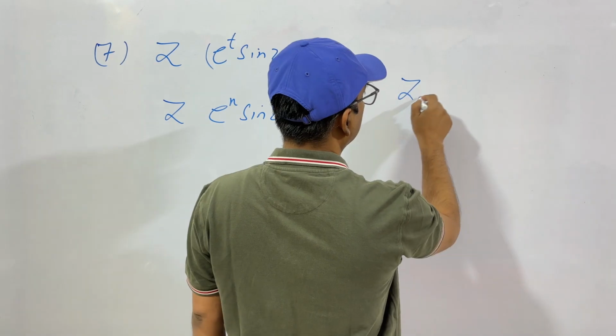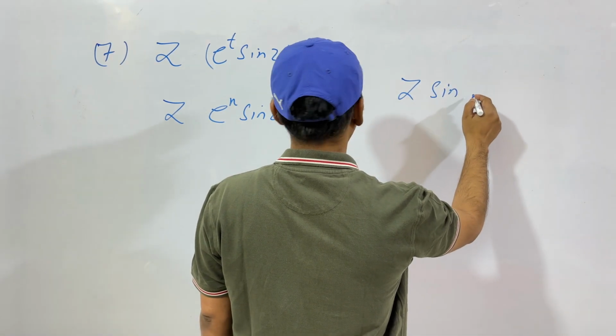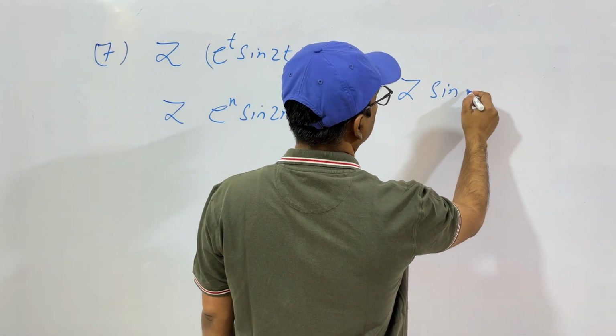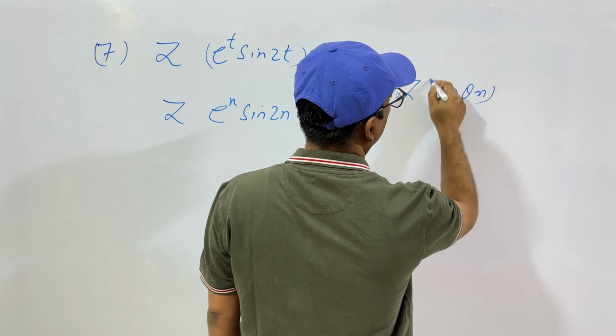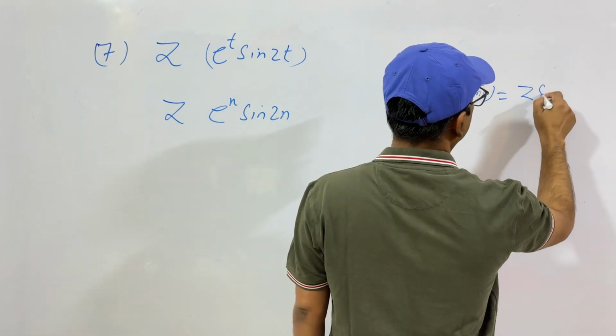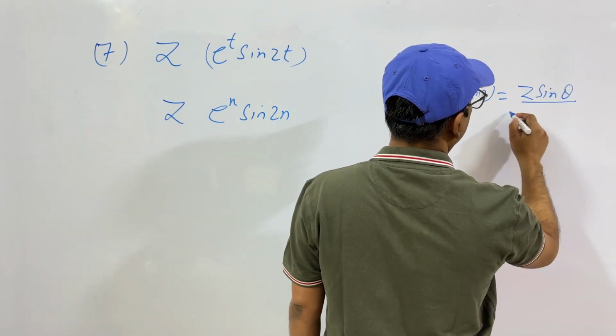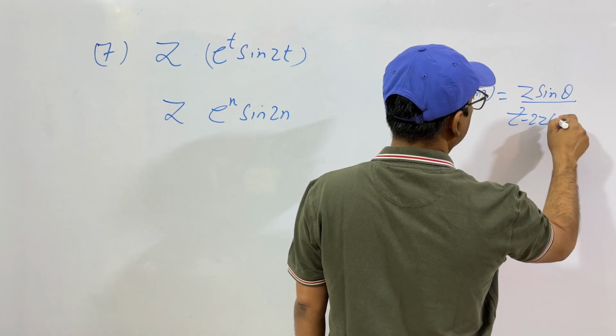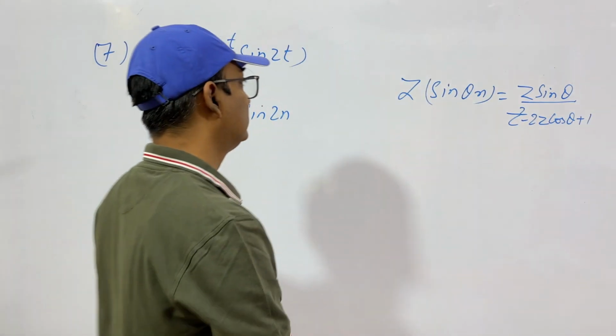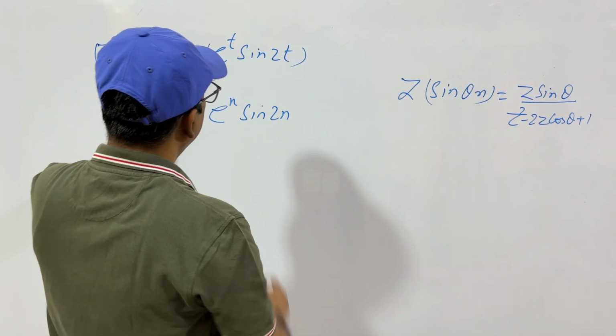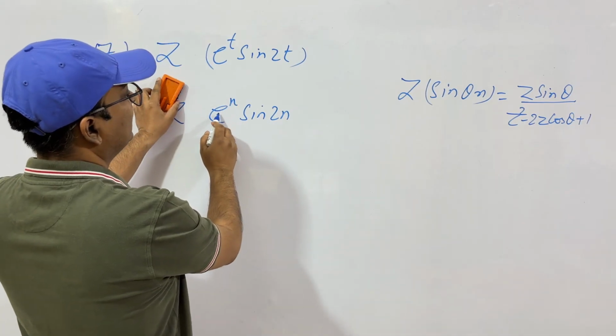And Z transform of sine 2n, or let's say sine theta n, is what? You know, it is z sine theta by z square minus 2z cos theta plus 1. This you know, this is standard result. So this is e to the power n, that is our a is e only.